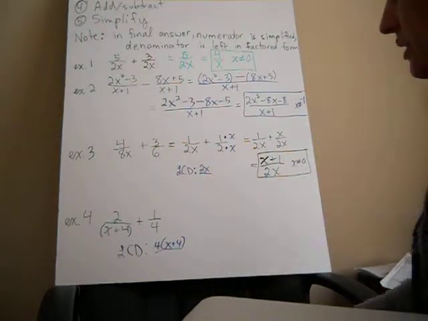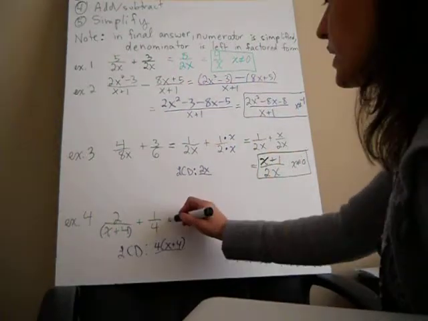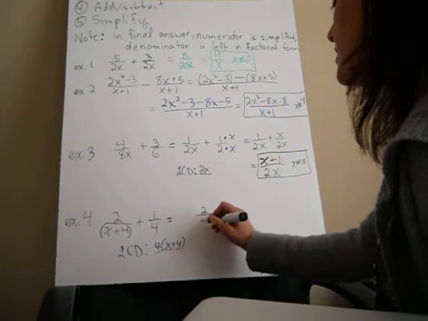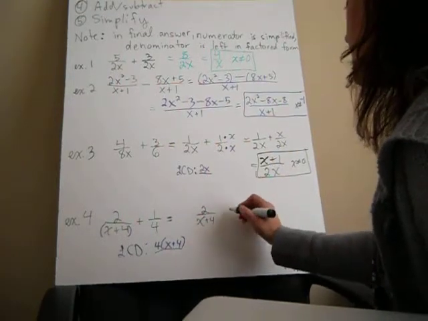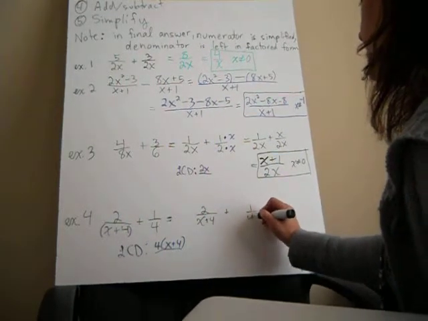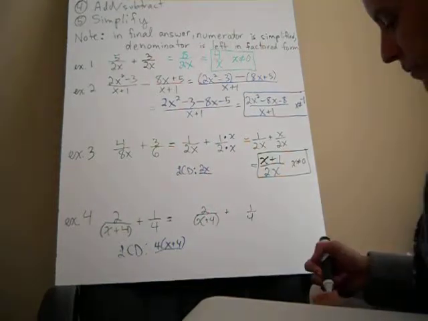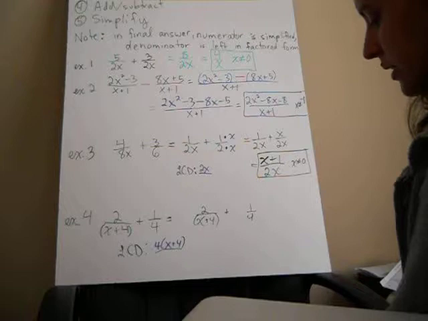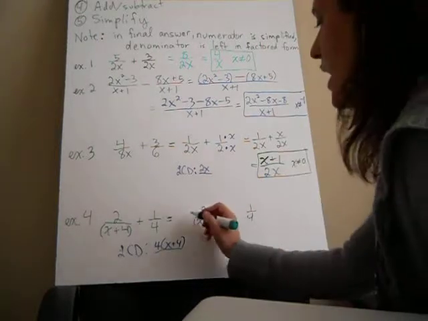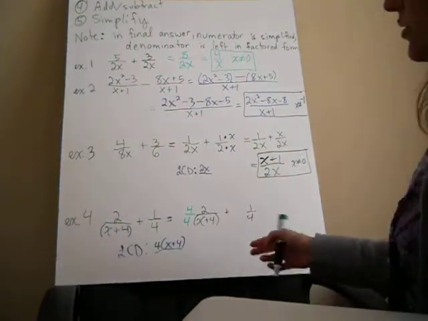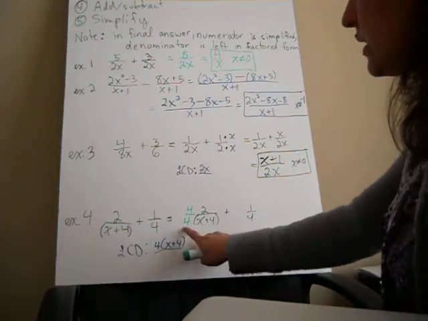So what that means is, as we try to get a common denominator, we're going to need to multiply each of the fractions by the denominator in the other one. So since this one has x plus 4, it needs a 4. A lot of students think about this as a have versus need game. So it has the x plus 4, it needs the 4.